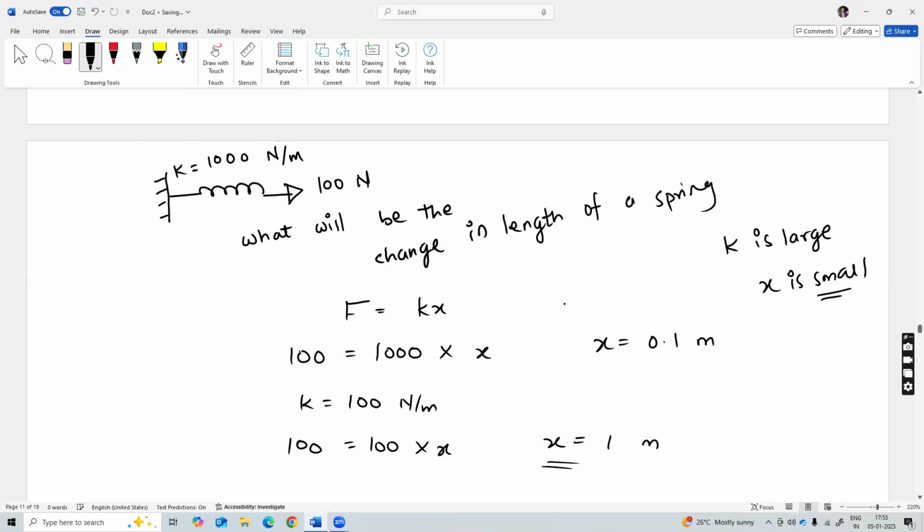Basically, they are inversely proportional to each other. Any doubt till this point?